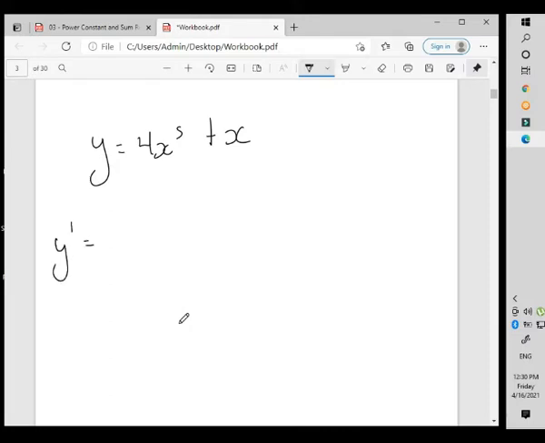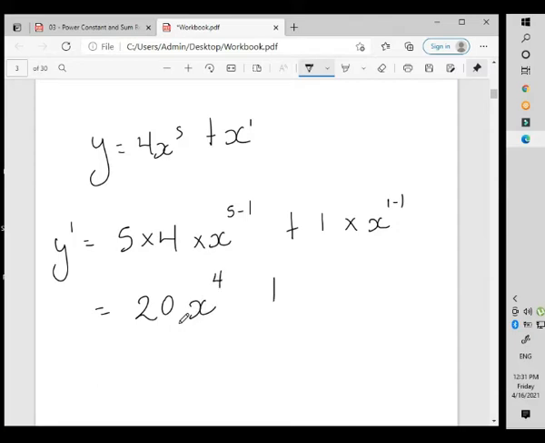So y prime is equal to 5 times 4 times x to the 5th power, subtracting 1, plus, now since x is by itself, it tells you that x has a power of 1, so it says 1 times x, 1 subtracting 1. So 5 times 4 is 20, x to the 5 minus 1, which is 4, plus.